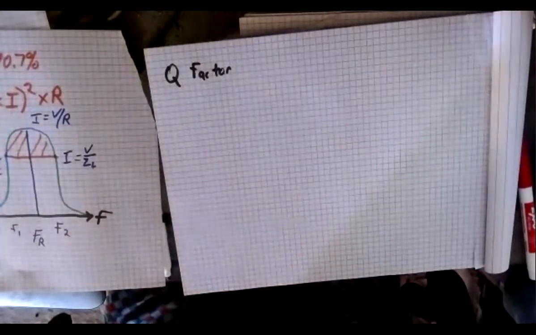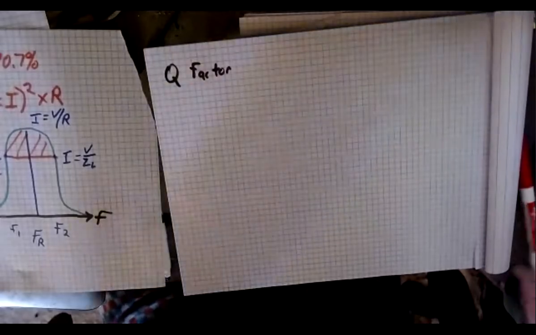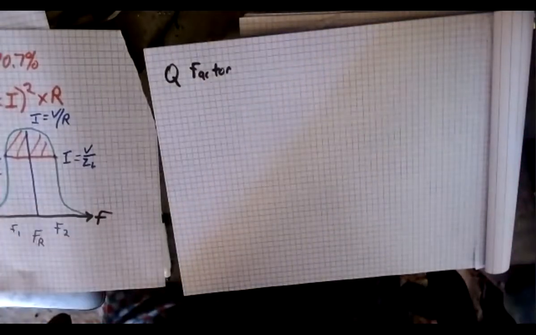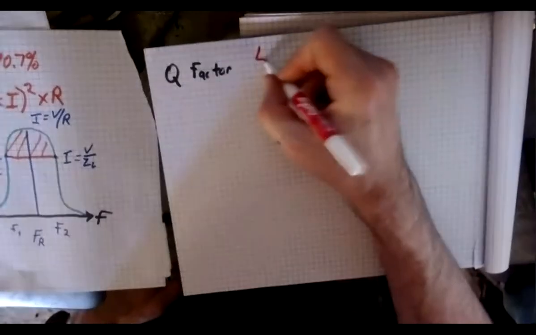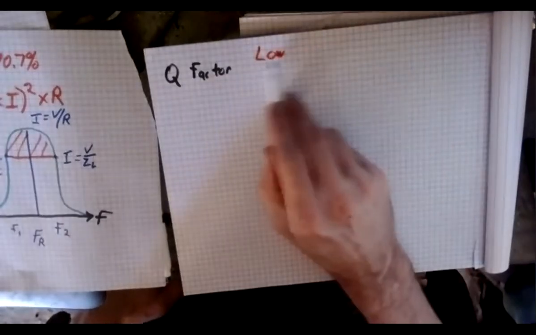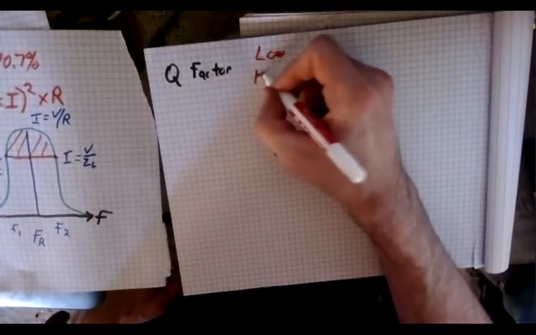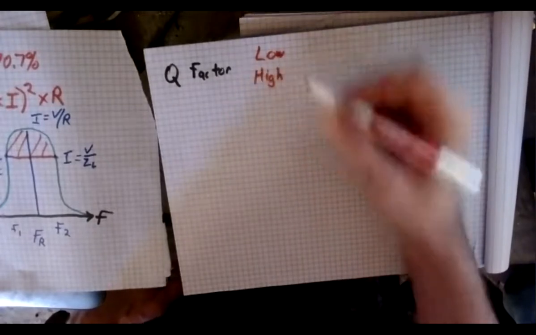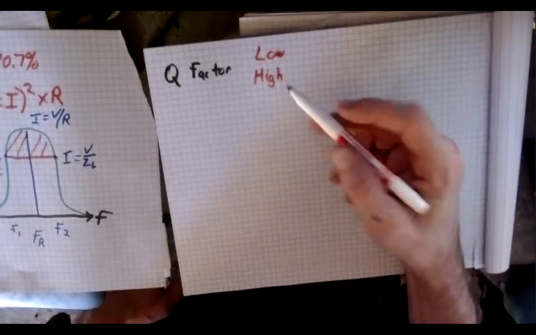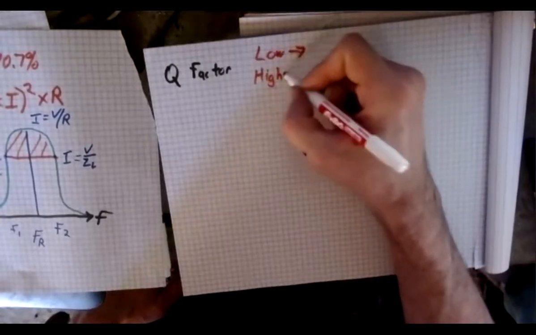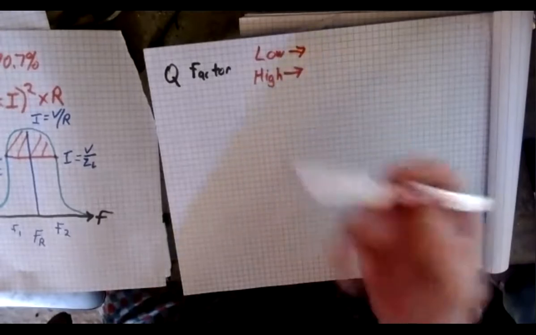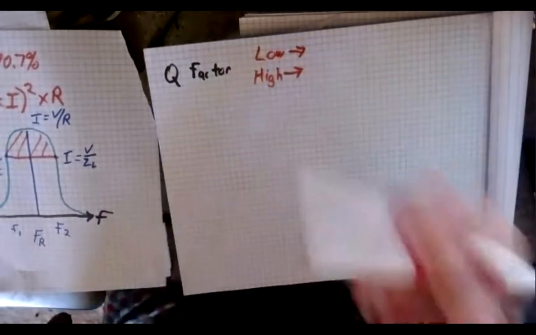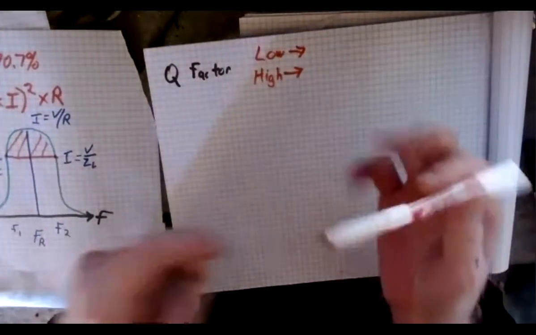Well, all right. So with Q factors, we've got two things to work with, right? A low Q or a high Q. And this is just something to know: if I have a low Q factor circuit, it does this. If I have a high Q factor circuit, it does this.